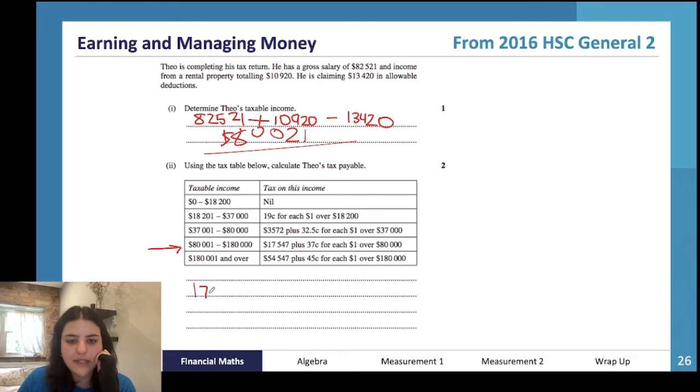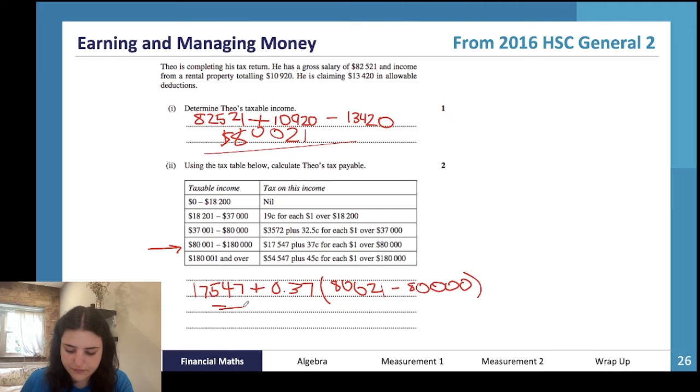So if we know he earns $80,021, he's going to be in this tax bracket, which means it's going to be $17,547 plus 37 cents for every dollar over 80,000. So $80,021 minus 80,000 is going to leave us with, so we do 17547 plus 0.37, and then we do in brackets, give me 2 seconds.